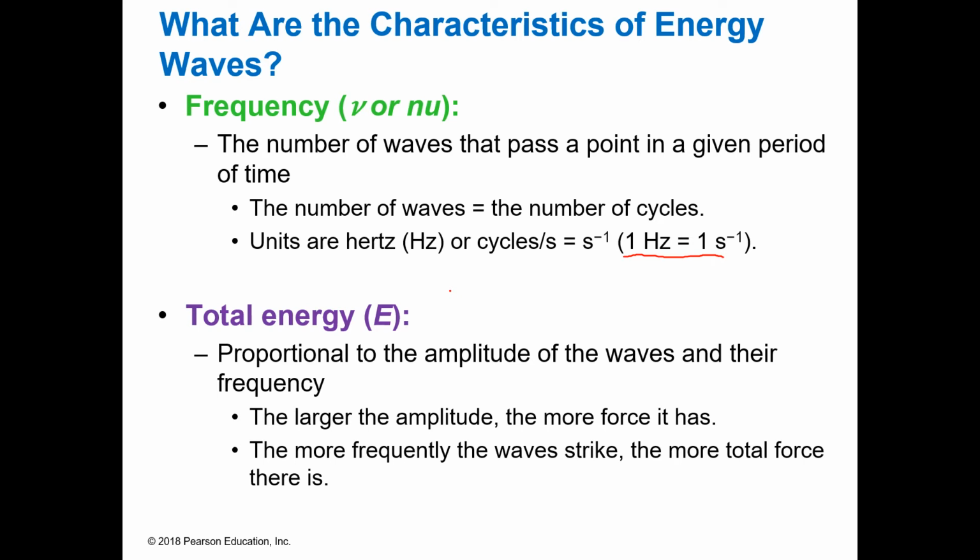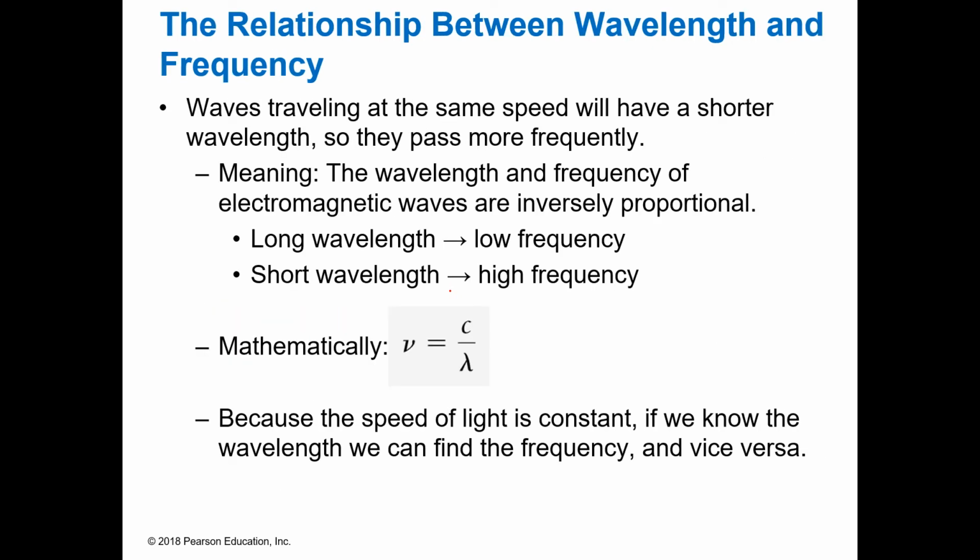Okay, so let's look at the relationship between wavelength and frequency. There's a mathematical relationship, and here it is. So let's talk about what this is. This, our little cursive v, stands for your frequency. Frequency is equal to the speed of light over wavelength.